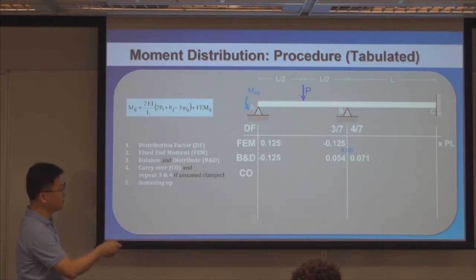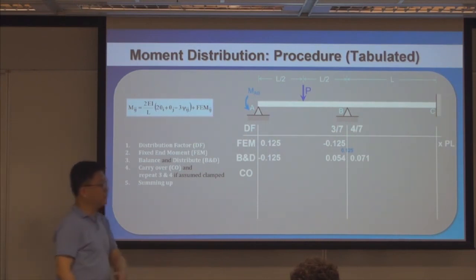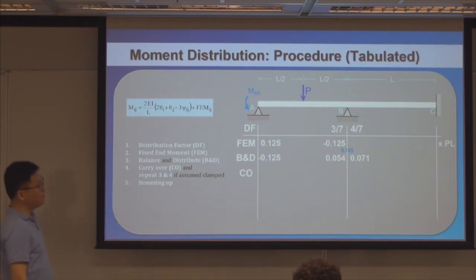Well, again, look at the far side. The far side is not moment free, it's not clamped either; it's between moment free and clamped. So what you need to do is assume a clamped boundary condition in order to let it carry over and then try to balance that.